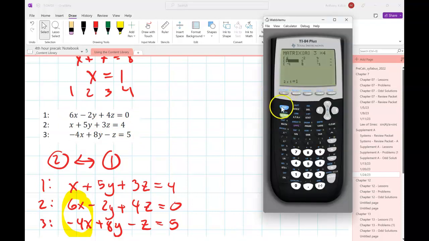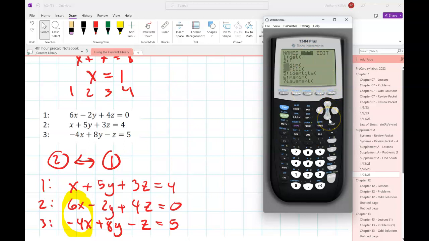All right. Once we've done that, we're going to press second, the blue button and the mode button right next to it to exit back to the main screen. So again, I press second and then the mode button, which is right next to it. I'm then going to go back into the matrix menu, so second and matrix. This time I'm going to go to the math tab that's right next to it.